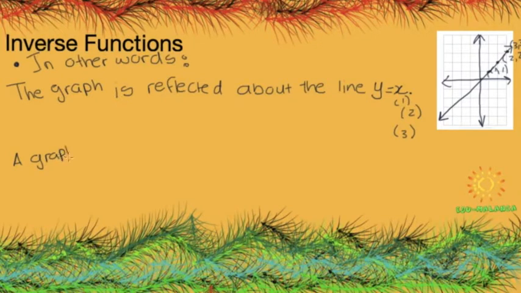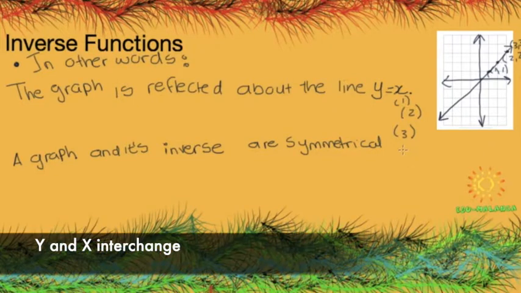So a graph and its inverse, their relationship is that they are mirrored, or symmetrical, about the line y is equal to x.